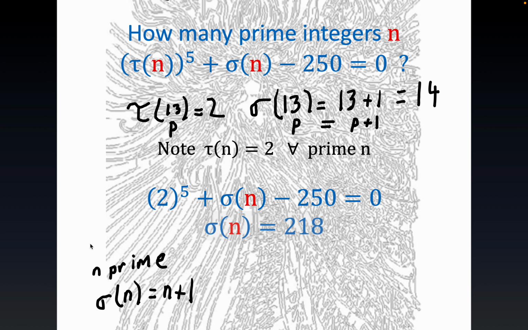And again, this is conditional here. If n is prime, and this is true, so we would have to consider n equals 217. It's either prime or it's not prime, right?